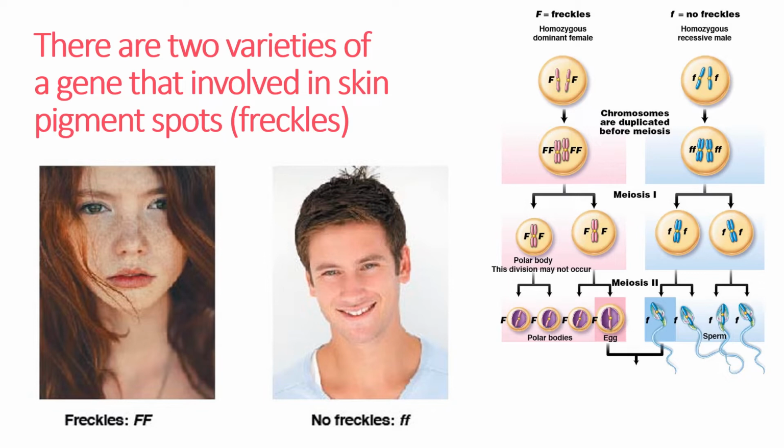When we look at mom's production of eggs, when her freckle gene distributes into the daughter cells, because she only carries the freckle allele or the freckle version of this gene, all of her eggs will carry that freckle encoding allele.